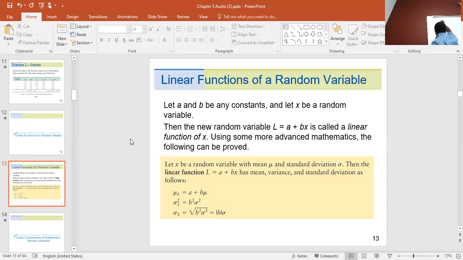For example, let x be a random variable with mean mu equal to 3 and standard deviation 2.